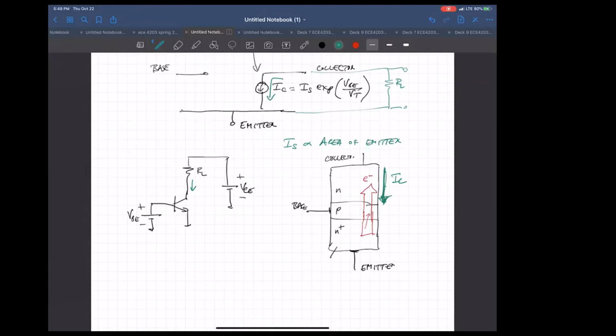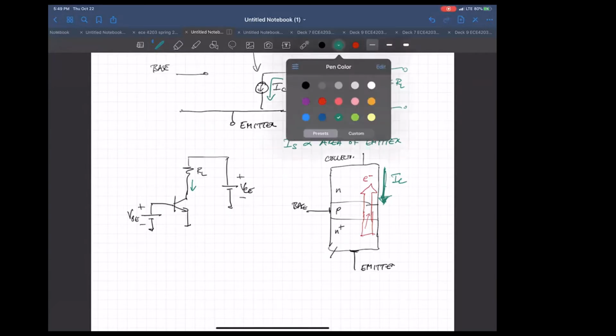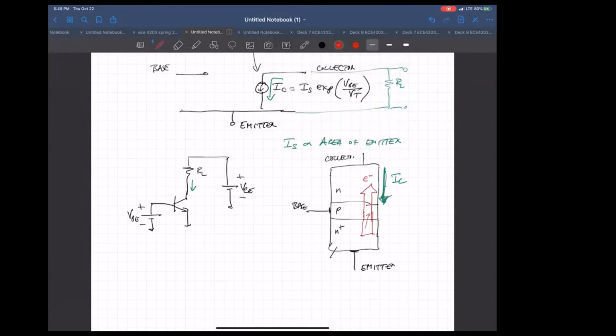And also remember there is a base current that is diffusing over this way, which is a bunch of holes, much smaller than the number of electrons.